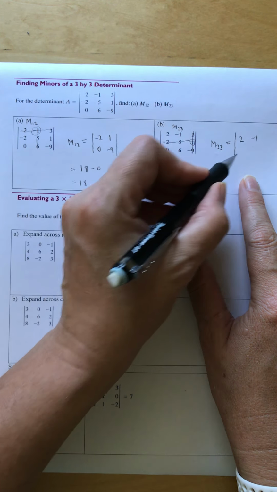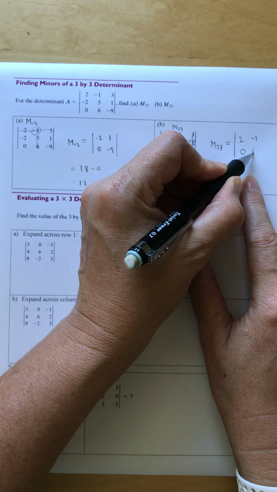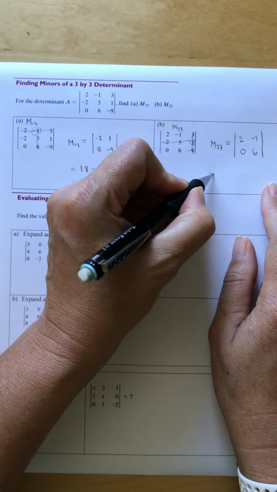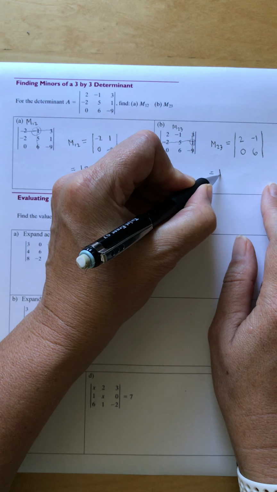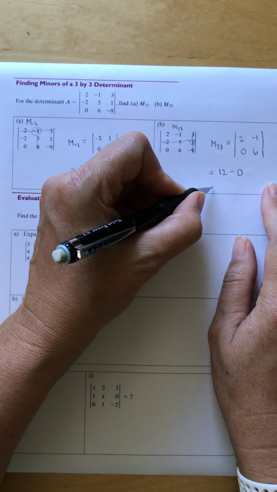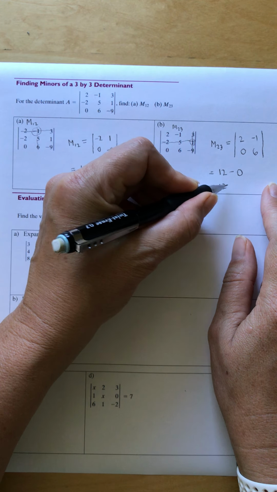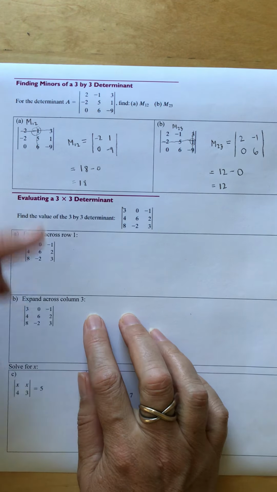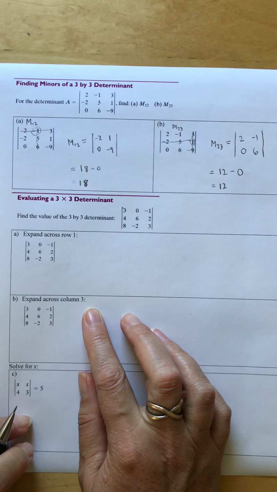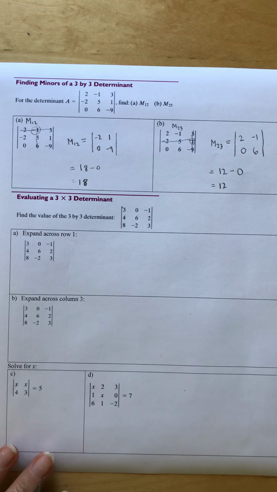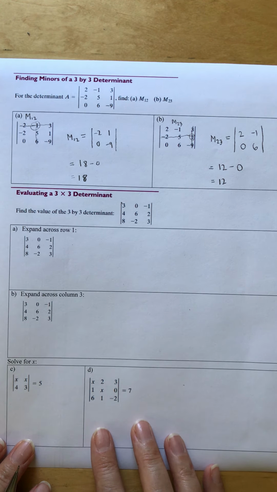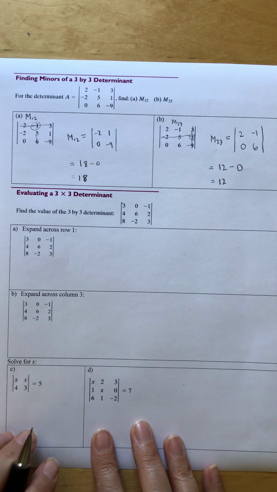So 2, -1, 0, 6, and 2 times 6 is 12, minus -1 times 0 is 0, and so therefore 12. Alright, so that's the beginning of finding the determinant of a 3 by 3.